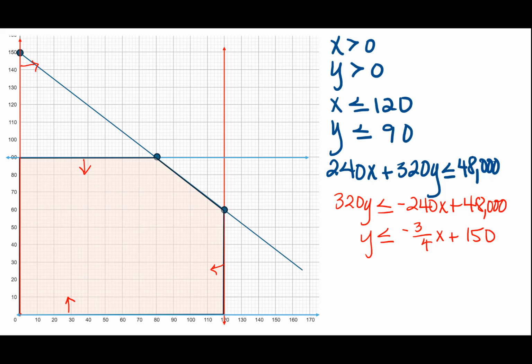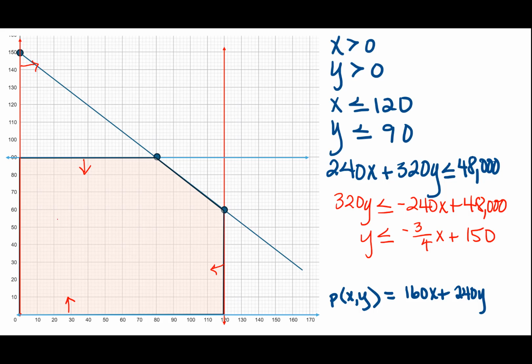So our area of interest is that peach shaded region right there, but we know that the vertices are all we really care about. So we're going to look at those vertices and we're going to try each one. We want to find the maximum profit, and so we're going to check each vertex for x and y to see which one gives us the maximum value.